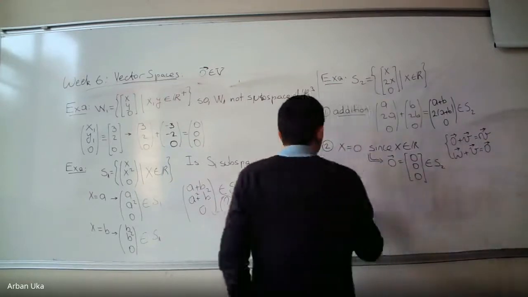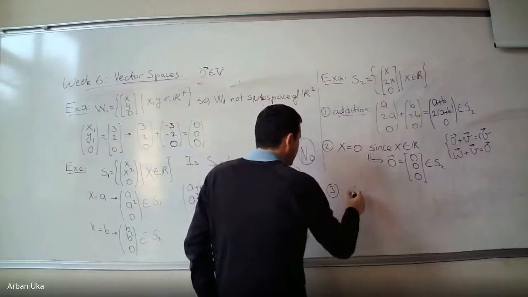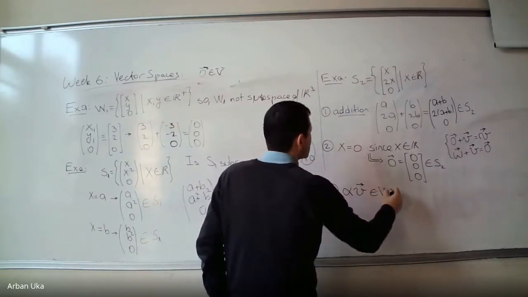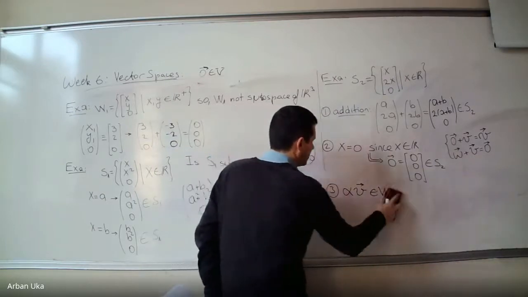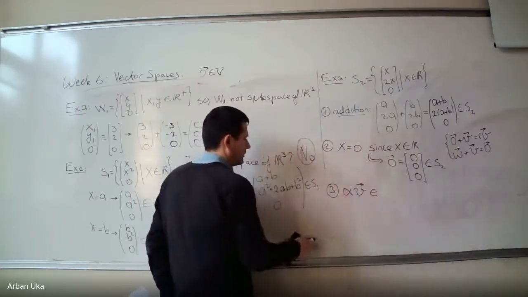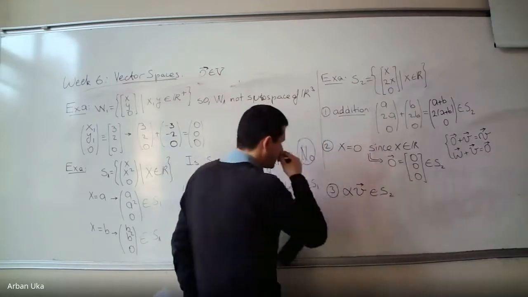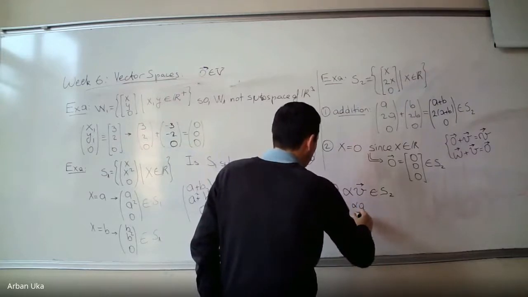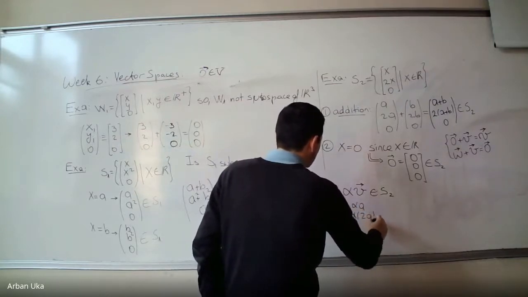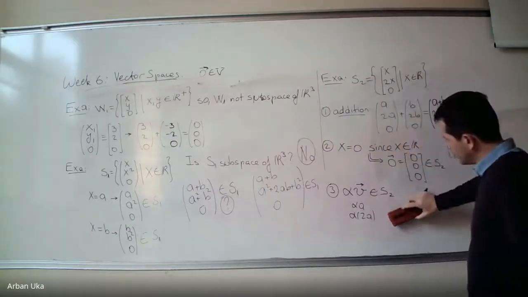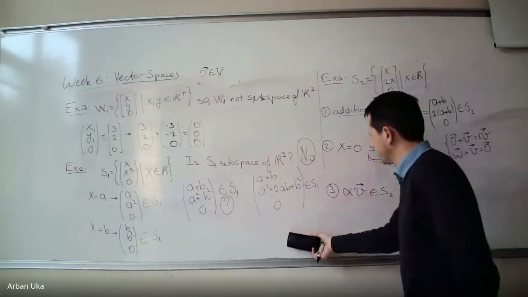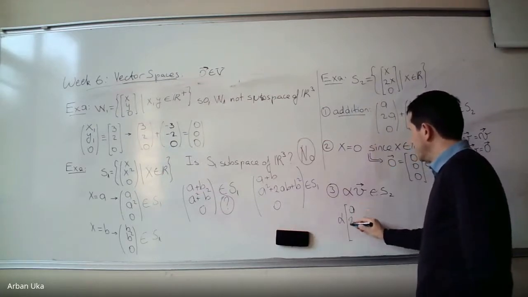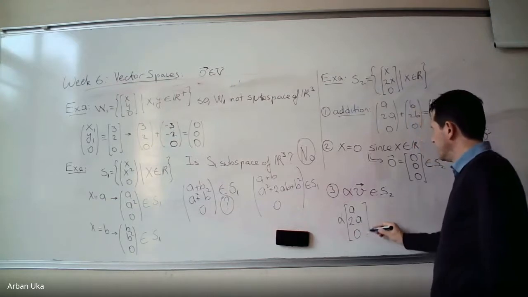But now we check the last property, which was the following: is alpha times v an element of S2? So this is what we ask next. Let's state it like this. We have alpha times a, 2a, and 0.